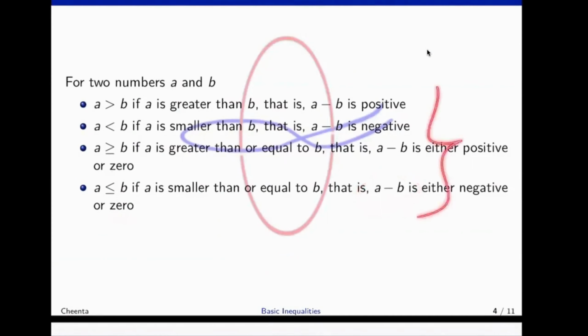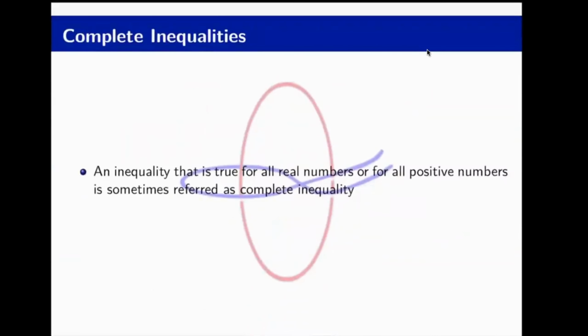These are some basic things which we already know from our previous knowledge. Now let us look into these things. We call an inequality that is true for all numbers or for all positive numbers a complete inequality.